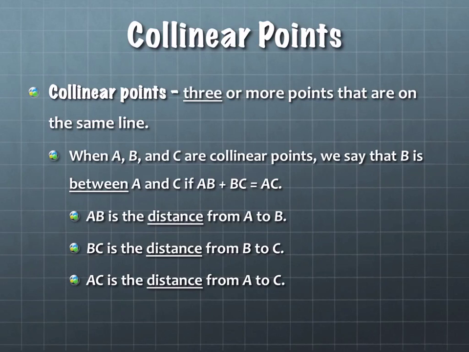Collinear points. First of all, we're talking about points, and we talk about 3 of them. So 3 points are considered collinear if they're on the same line. Why would we never talk about 2 points being collinear?